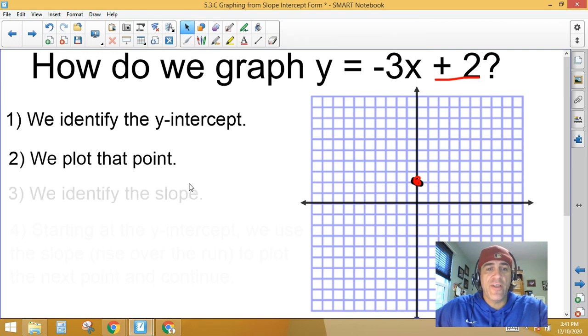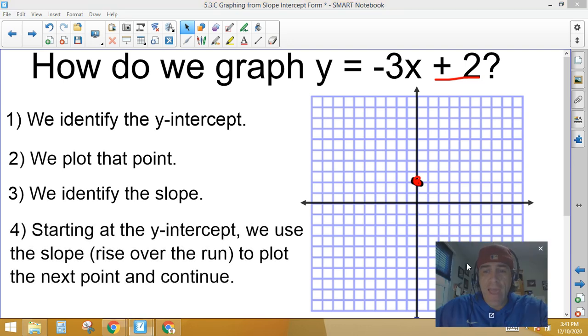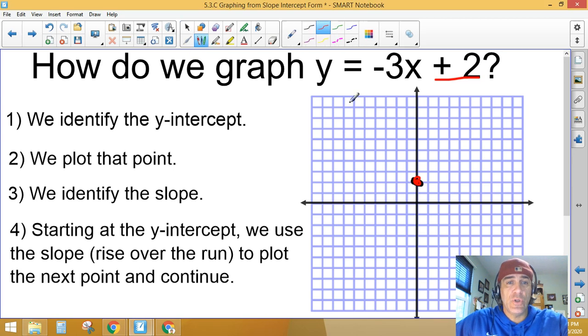Next, what we need to do is identify the slope. What's the slope? Great, I hope you got negative 3. Starting at the y-intercept, I apply that slope, meaning it's negative 3, but my run is going to be 1.